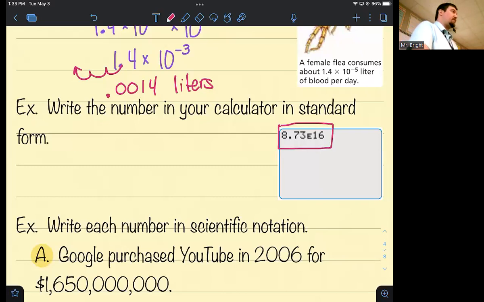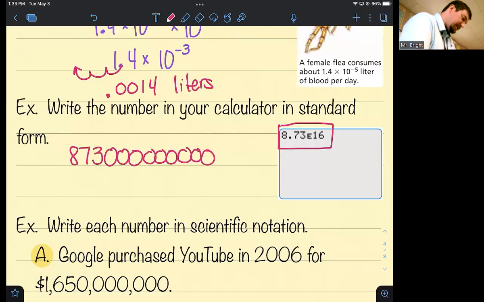Now, if you're wanting to save yourself some time, just think how many zeros that would be. The first two moves would be to get the decimal around the 7 and the 3. How many additional moves would you need to make, Sky? That's how many zeros we'd need, 14. So 873. Again, the first two moves get you around the 7 and the 3, and then we need 14 more zeros. Put your commas in.